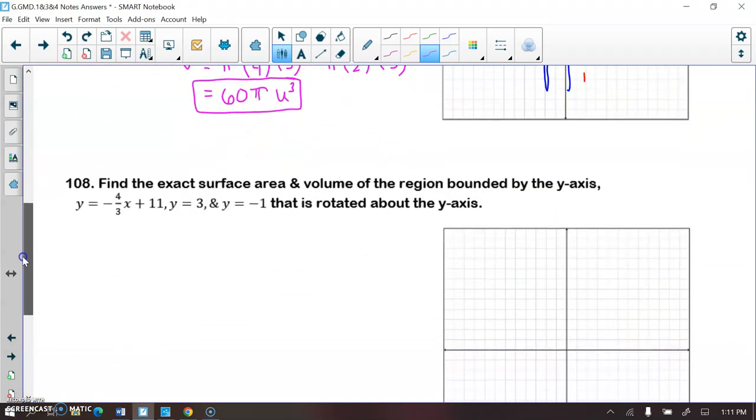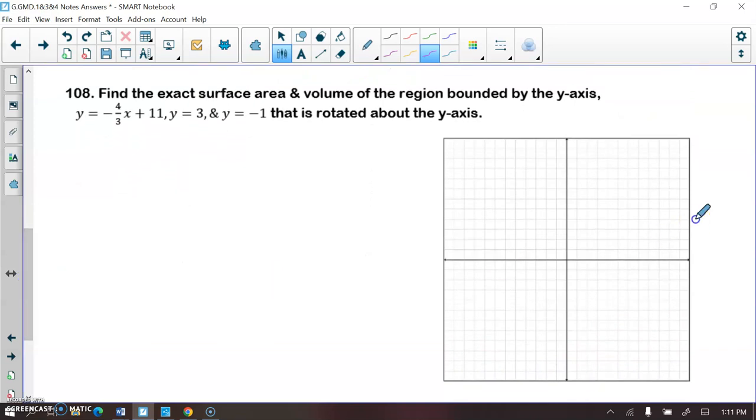Okay, moving on to my next problem. I'm going to find the surface area and volume of the region bounded by the y-axis, the line y is equal to -4/3 x plus 11.